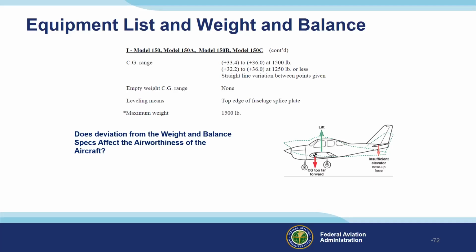Now, the question is, does deviation from the weight and balance affect the airworthiness of the aircraft? Of course it does, because if the CG is too far forward, the aircraft is nose heavy and there would be insufficient elevator nose up force.